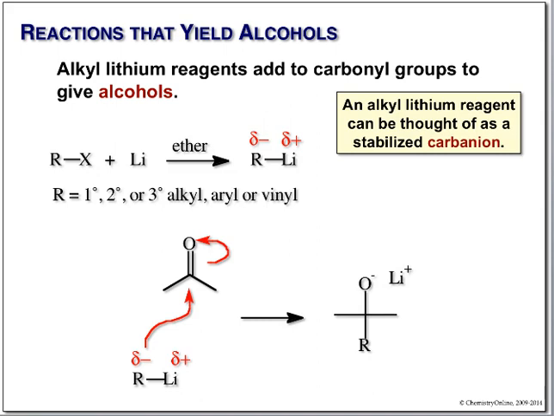So just like a Grignard reagent, except a little simpler perhaps, alkyl lithium, aryl, or vinyl lithium attacks carbonyl again. Aldehydes would give secondary alcohols, ketones would give tertiary.